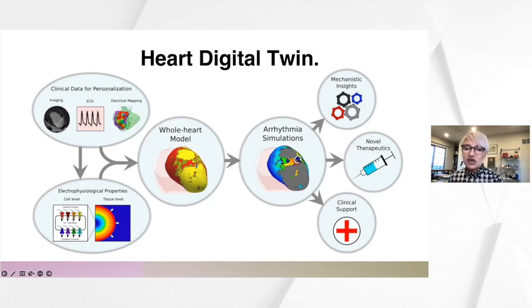We construct these patient-specific models, we do arrhythmia or pacing simulations, and then we are able to provide mechanistic insights as well as suggestions for novel therapies or clinical support. So I'm going to be using a very similar approach here, our virtual heart approach.